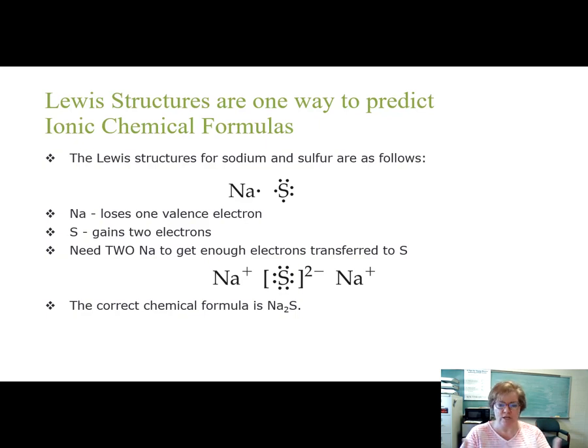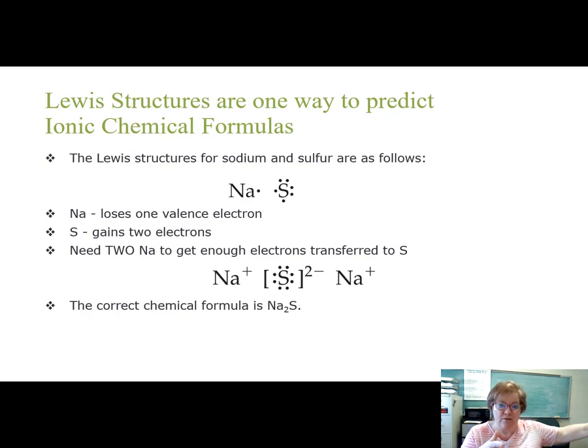So this is one way I could figure out the compound Lewis ionic chemical structures. I could look at these and determine, okay, sodium needs to lose 1 because it's a metal. Sulfur has 6, it needs to gain 2 to get its 8. But I see that that's not going to quite work. If I transfer 1 from the sodium over to the sulfur, sodium's happy with the +1 charge, but the sulfur needs 1 more electron.